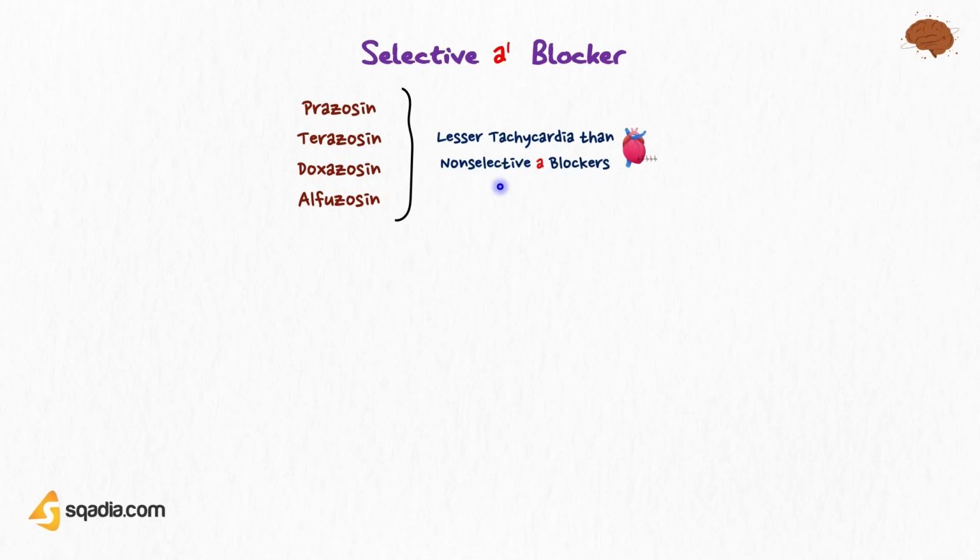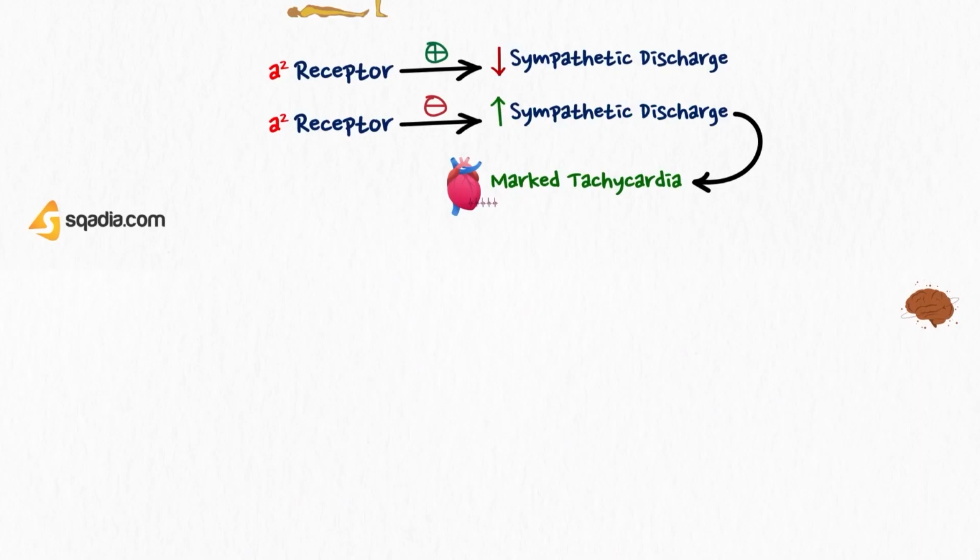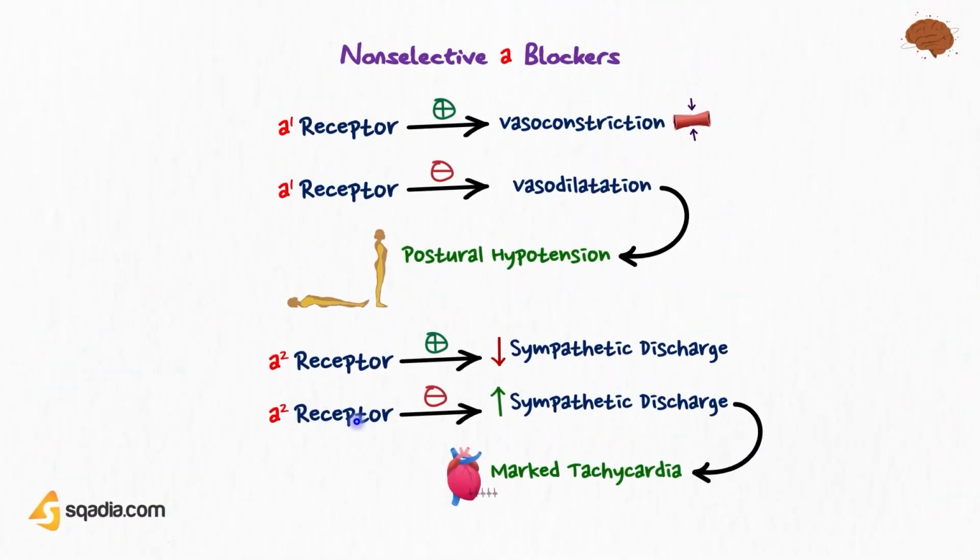Why? You remember it? Non-selective alpha blockers act on both alpha-1 and alpha-2. And we already discussed that alpha-2 promotes tachycardia. When the alpha-2 receptor is blocked, it increases the sympathetic discharge and promotes marked tachycardia.